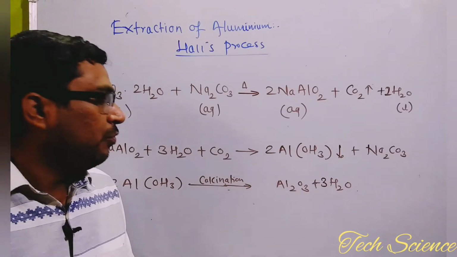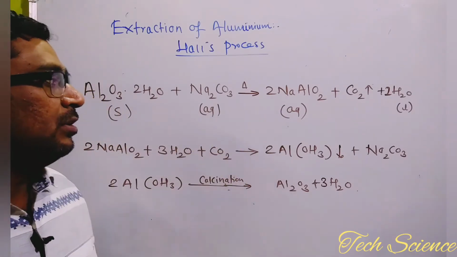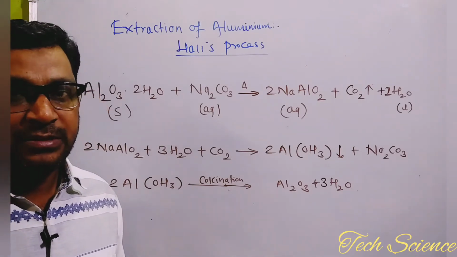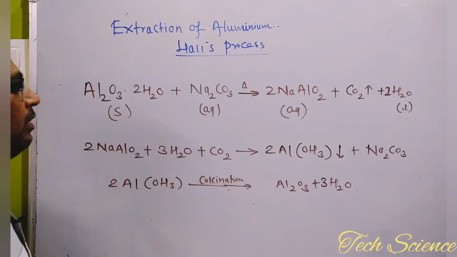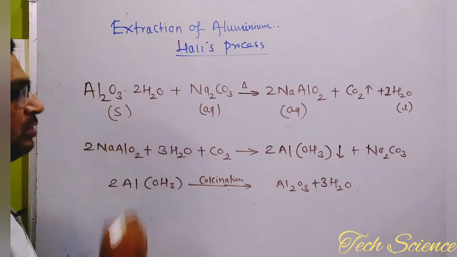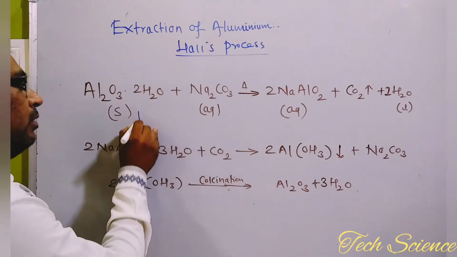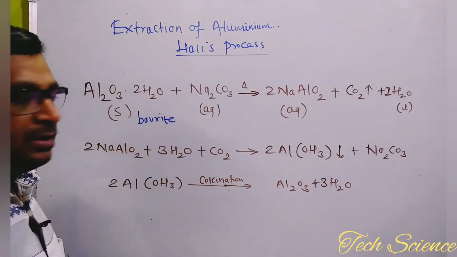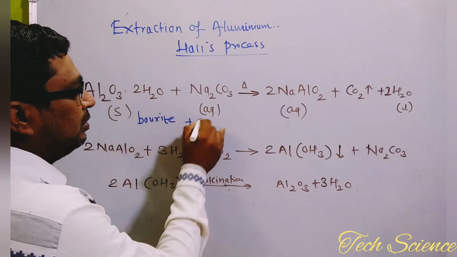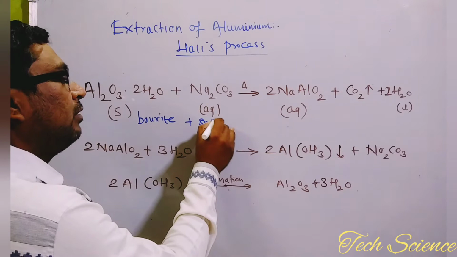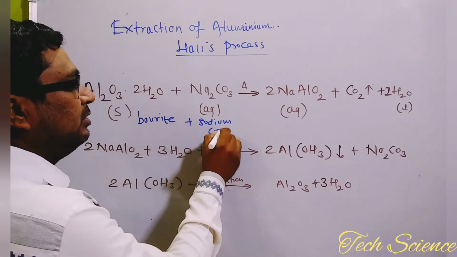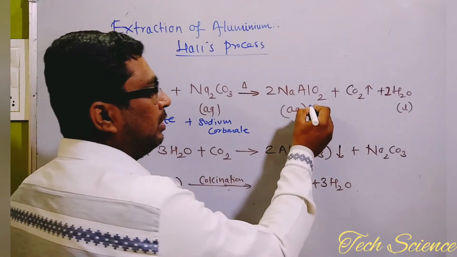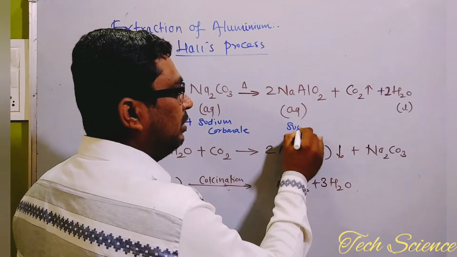Okay, so without wasting time, I am writing the 3 reactions I told you just before erasing the content of this blackboard. Here, what is Al2O3.2H2O? It is powdered bauxite. Am I right? And here we have sodium carbonate, and we heat it in a digester and you get an aqueous solution of sodium aluminate.